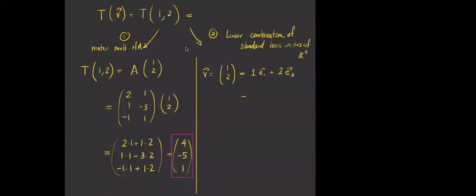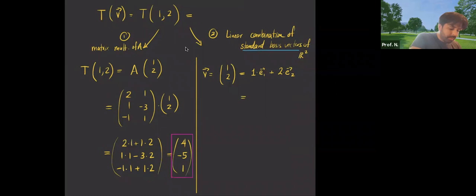Remember what we talked about with the standard basis? The standard basis vectors are basically the two vectors in R2 that are the most elementary vectors there, so that every other vector in this space can be rewritten as a linear combination, which is what this is, of E1 and E2.